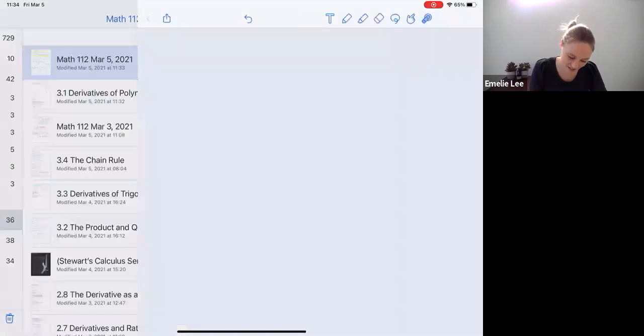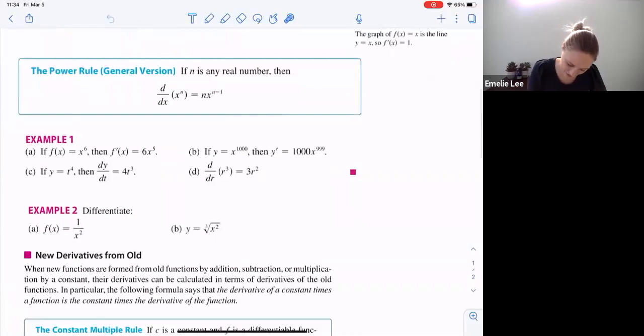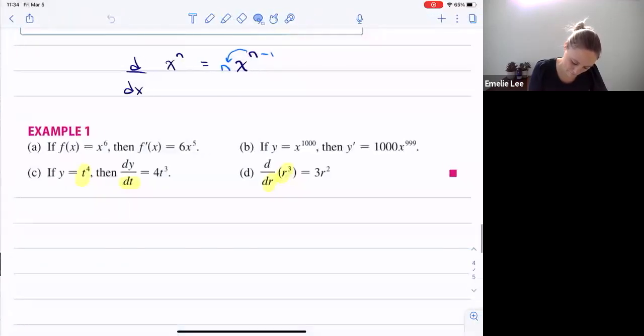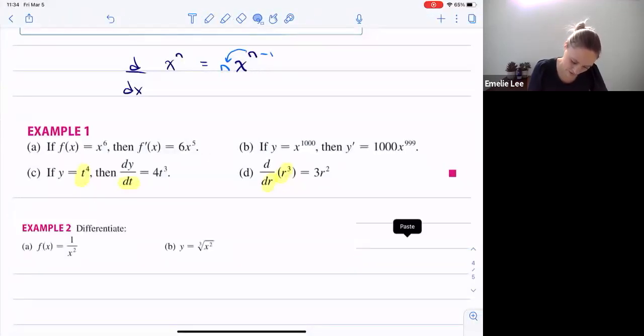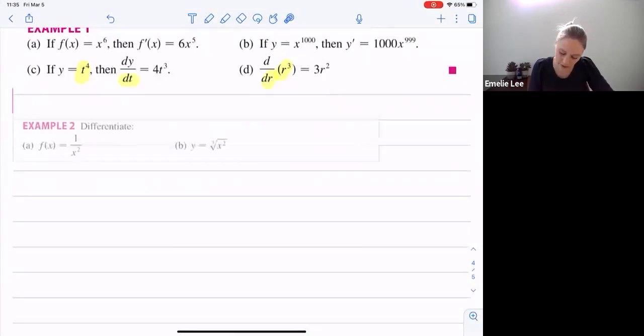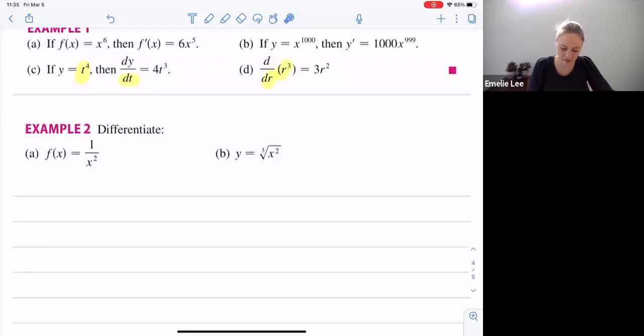So let's do a couple of these examples on our own. If I want to differentiate something like 1 over x squared, like I said before, we might need to rewrite this as x to the power of something. 1 over x squared, I know I can rewrite as x to the negative 2.